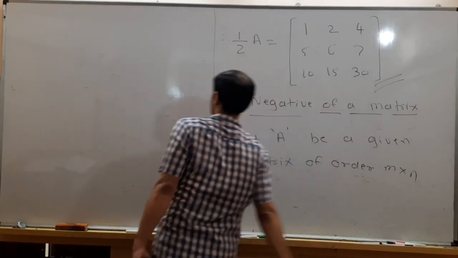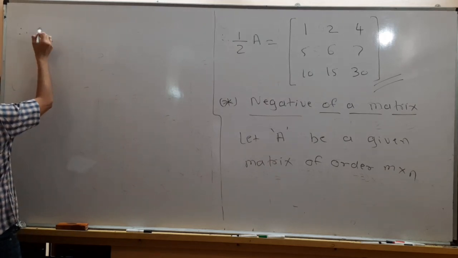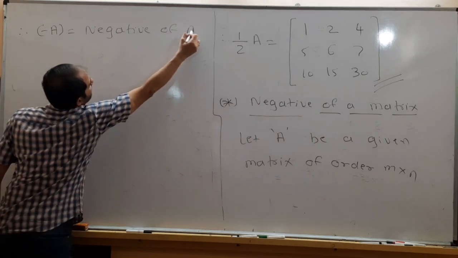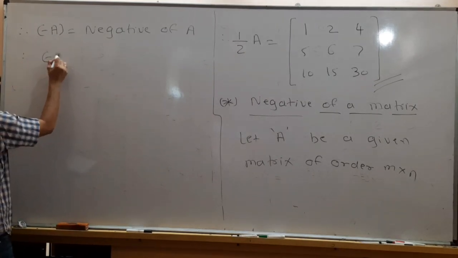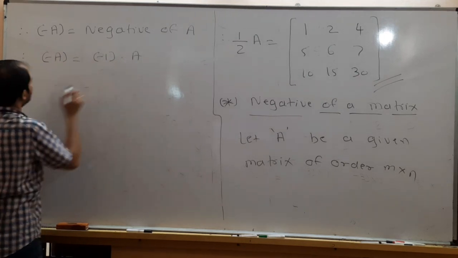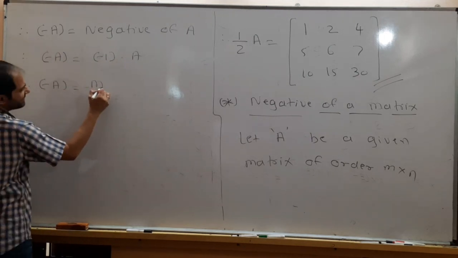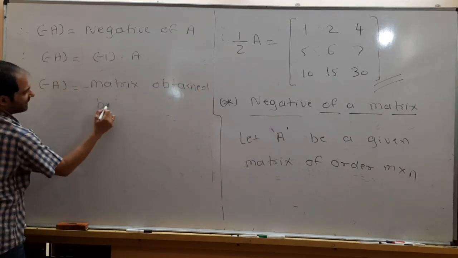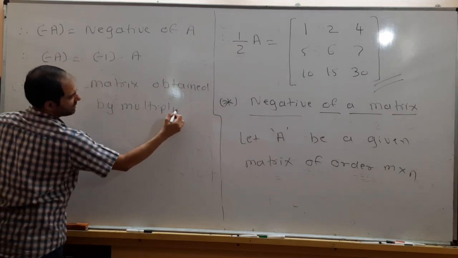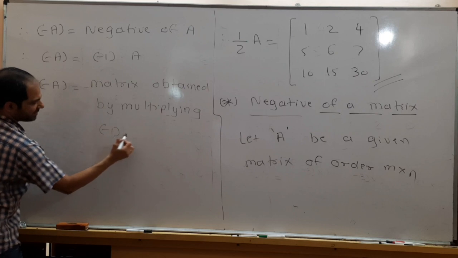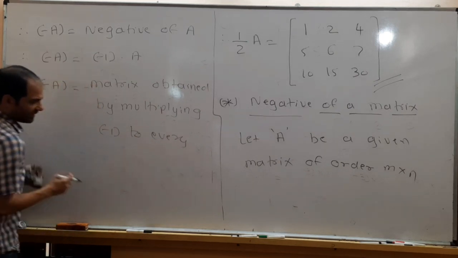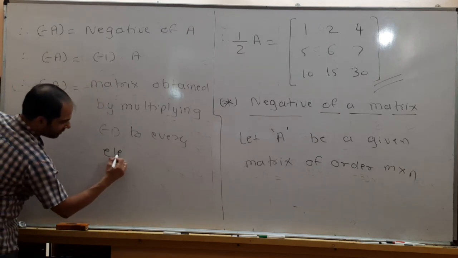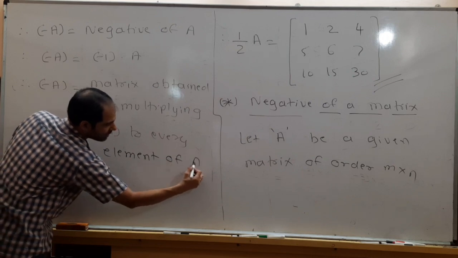Therefore, minus A is the negative of A, and minus A is minus 1 into A. So minus A is the matrix obtained by multiplying minus 1 to every element of A. Very simple.